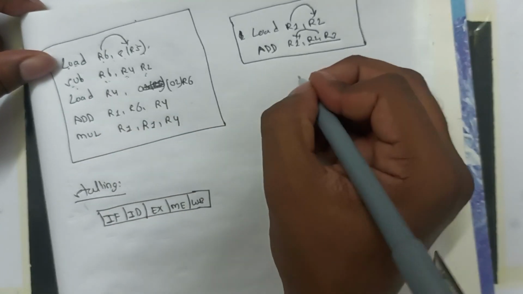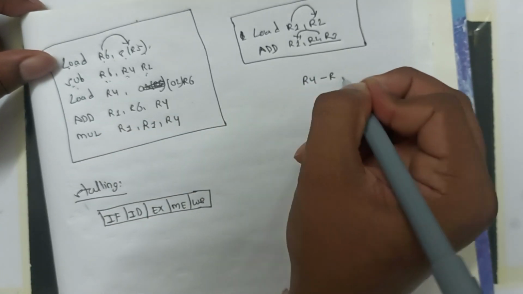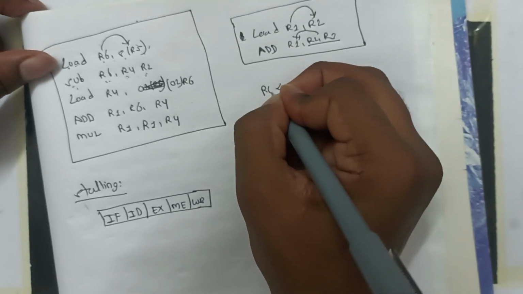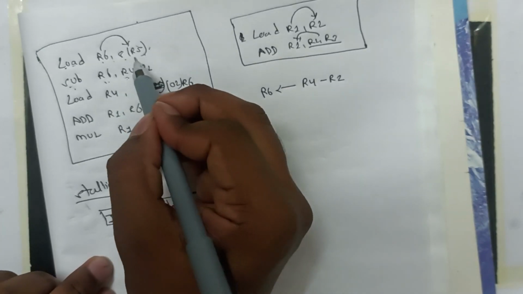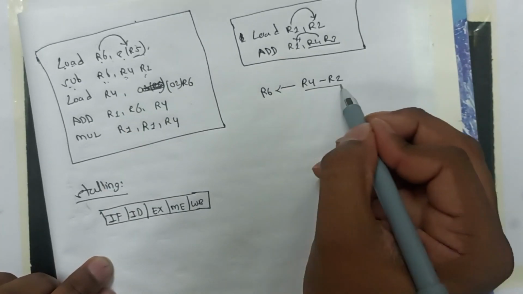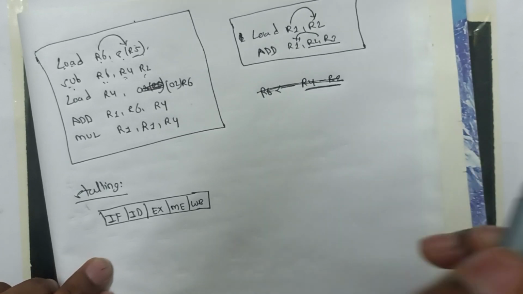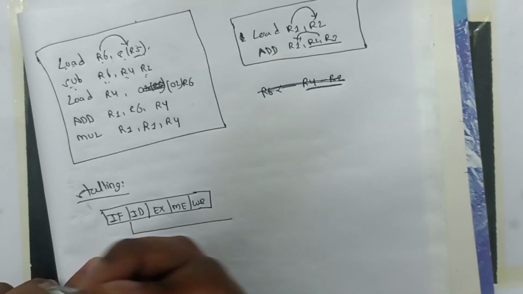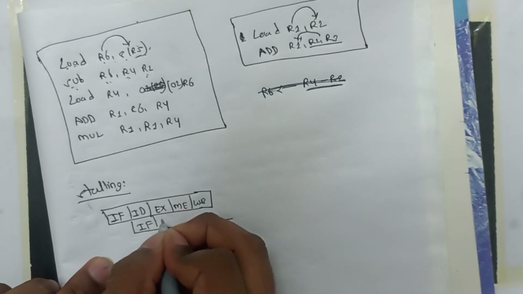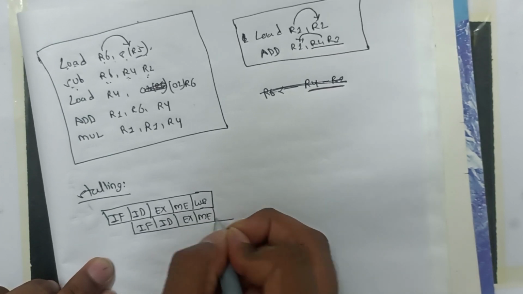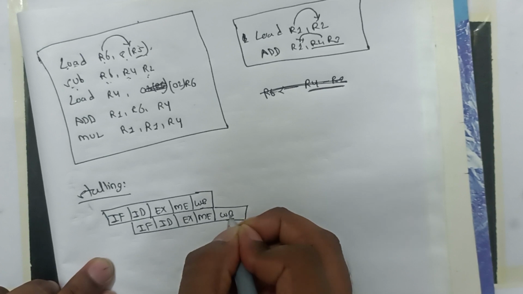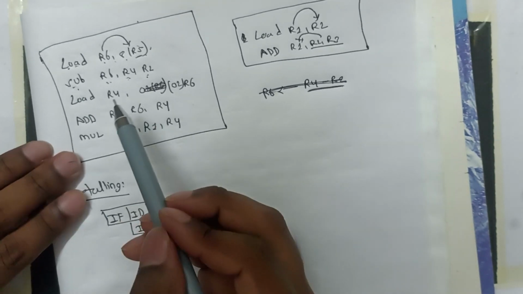What does that mean? It means R4 minus R2 is stored in R6. Is there any dependency? No, because here R5 is updated, but there is no R5 here, so there is no dependency. So we simply do IF, ID, EX, ME, WB.